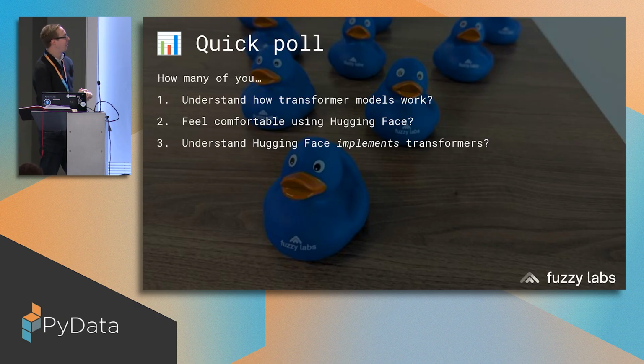We can only hope. How many feel comfortable using HuggingFace, just day-to-day consuming the library? So that's good. What about how many feel like they really understand how it works internally? So this is the bit where I was hoping one person would put their hand up and the joke would be, okay, come up and do the talk. But never mind, I suppose I'll have to do it.